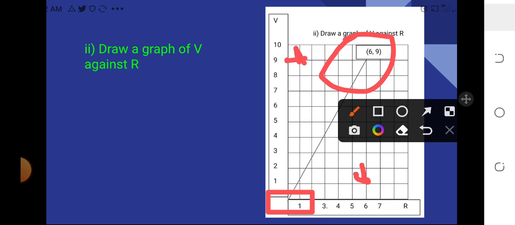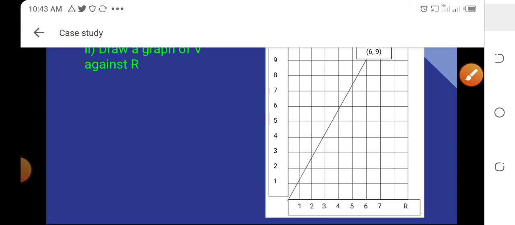These are the values they have given us, 6 and 9. We have drawn this line starting from 0 to where both values cut each other. This is the graph of V against R. So this is the answer of the fourth part of this question.